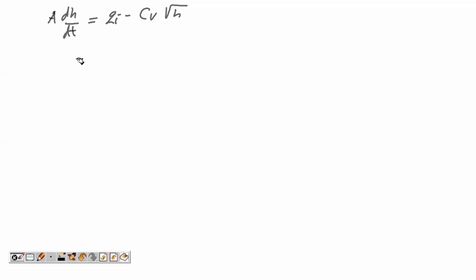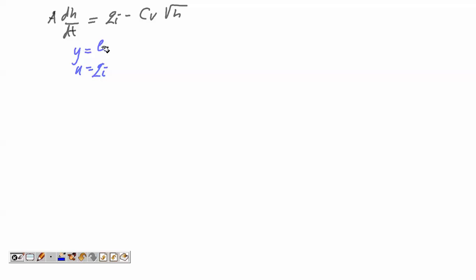Okay, so from the definition of Taylor series, we have dy over dt, where here the y is h in our case, and u, the input or independent variable, is qi, and the dependent variable is h or y.